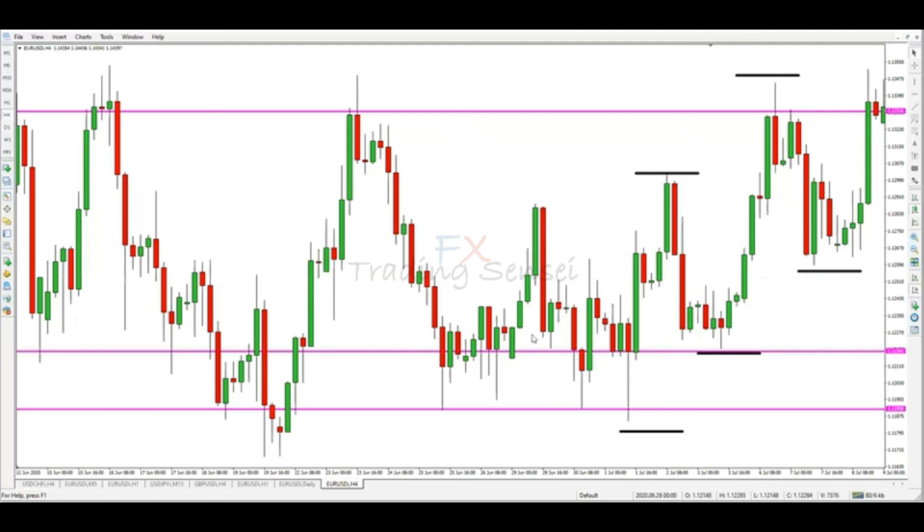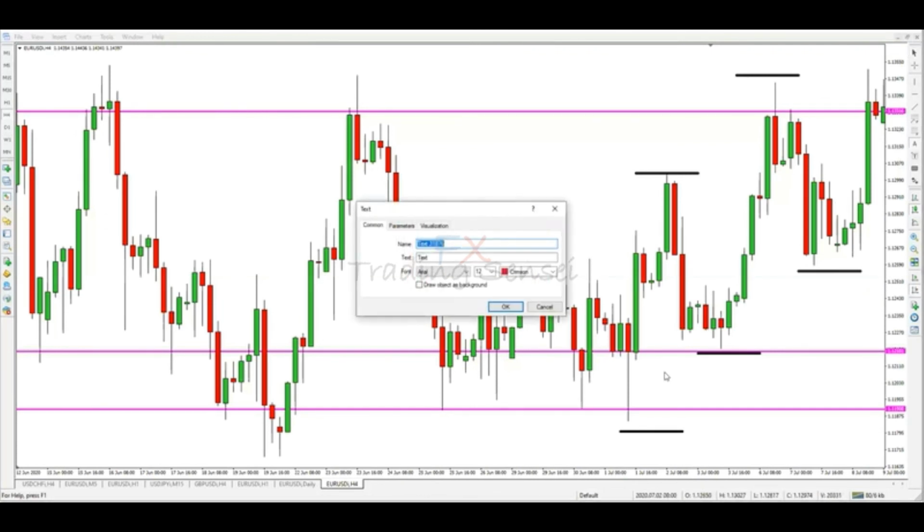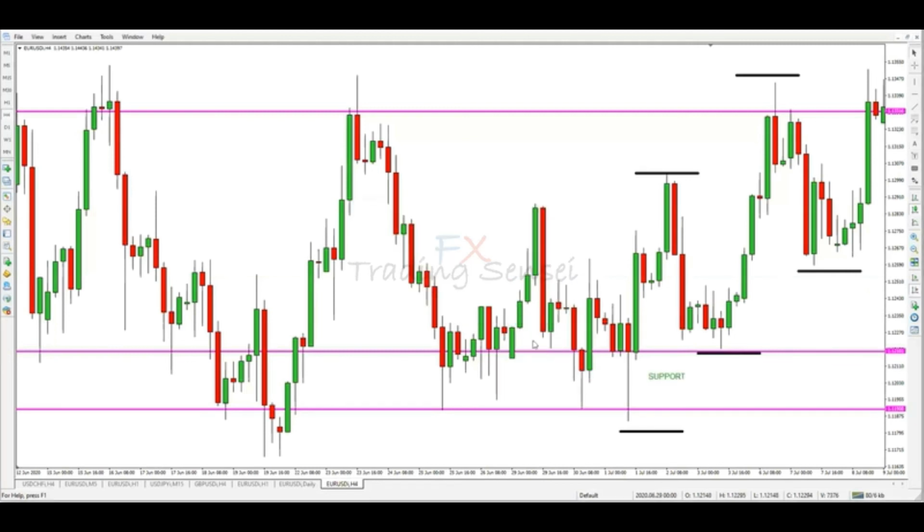Every time price gets in this region, it's a time to look for a buy opportunity, unless price breaks the region, comes back and tests it as resistance before going lower. So this would be a buying zone, this support zone here.